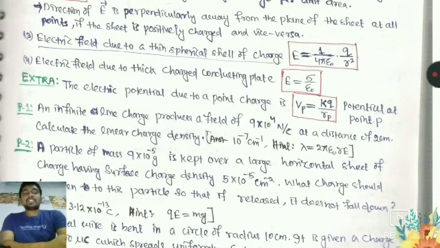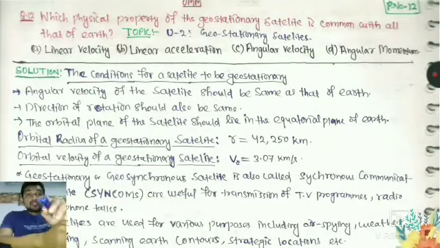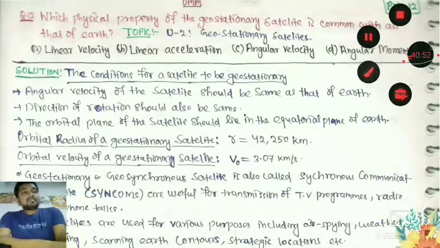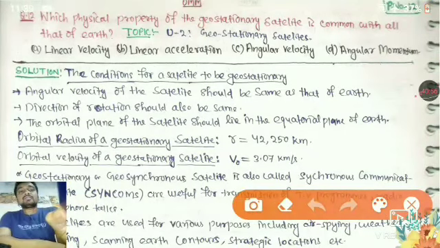Okay, potential at a point due to a point charge. Now the satellite question: what physical property of the geostationary satellite is common with that of the earth? Maximally, one thing must be there in the case of a geostationary satellite: the angular velocity of the satellite must be the same as that of the earth.